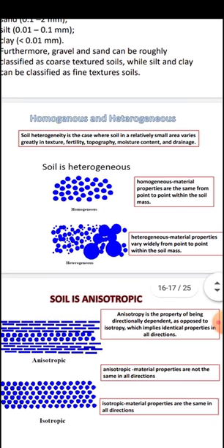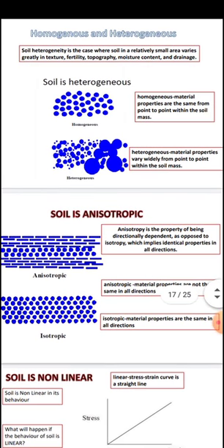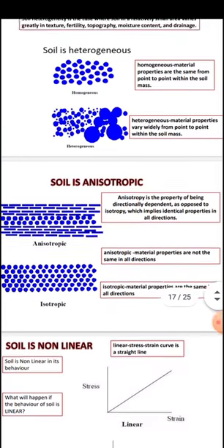So in homogeneous material, properties are the same from point to point within the soil mass. While heterogeneity is the reverse, we have varied soil properties, varied soil texture along the length or along the depth, changing from point to point.